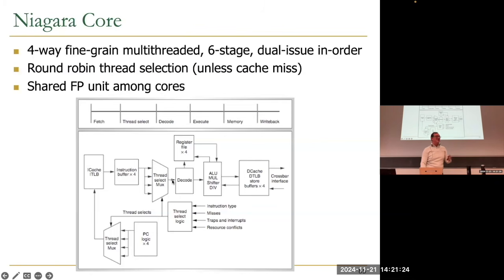There's very little data dependency checking because at any given time you don't have 2 instructions from the same thread in the pipeline. So there's no need to predict branches. There's no need to do data dependency checking. This is basically fine-grained multi-thread, as you can see. It even had a shared floating point unit among cores, and that turned out to be a bottleneck. So they actually replicated it in the next instance, Niagara 2. So this is a very different design philosophy, as you can see, right?